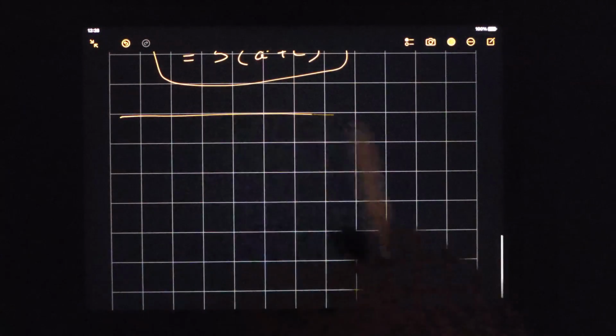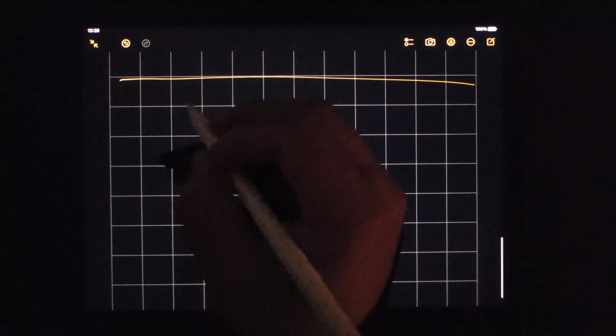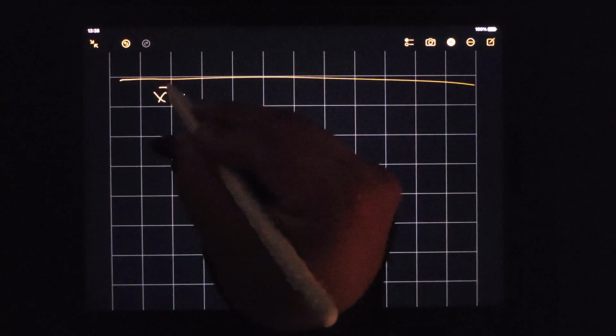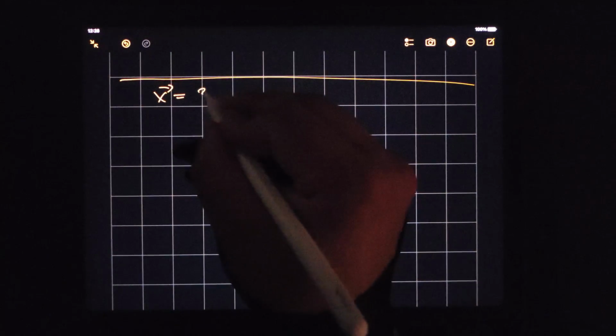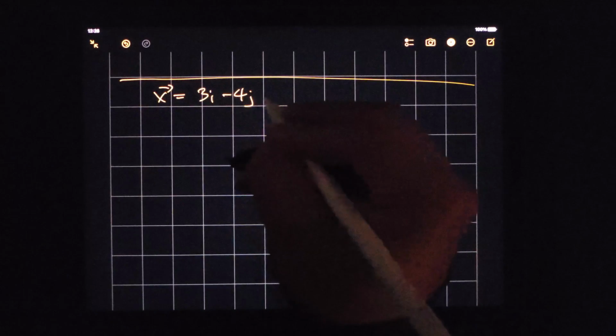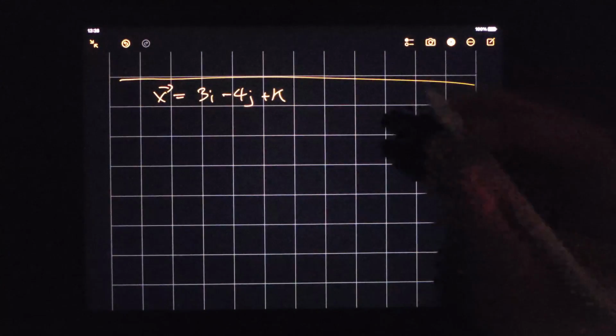We could do another example. Say you want to do x is equal to 3i minus 4j plus k.